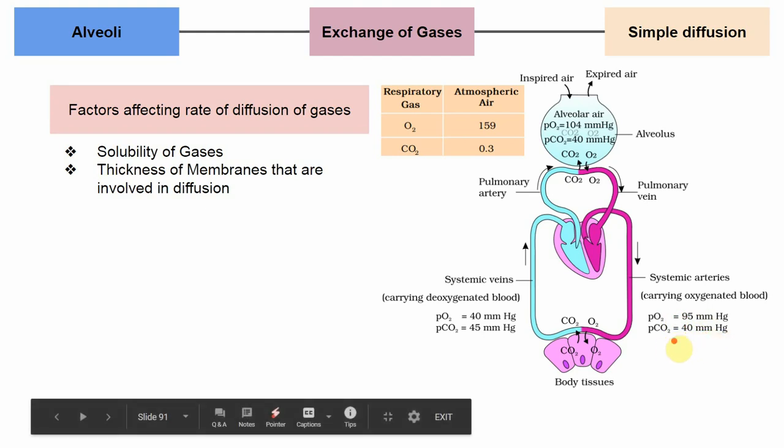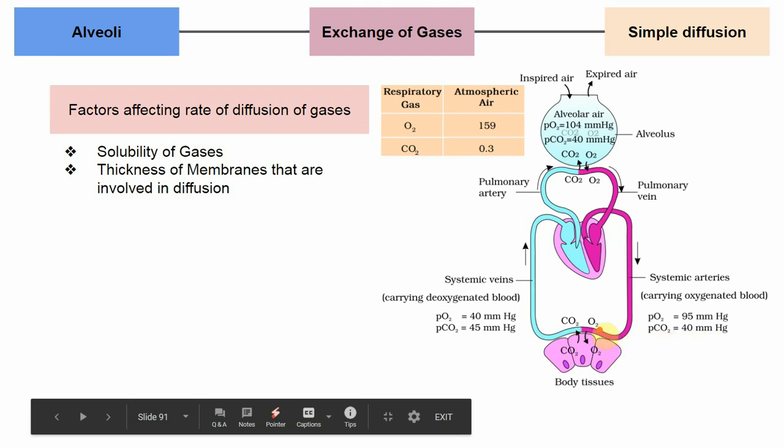You can also notice that the oxygen, which is high in the oxygenated blood, is delivered into the body tissues because the concentration of oxygen in the body tissues is very much less. However, because of metabolic activities, the carbon dioxide concentration in the tissues is more, and it is readily released into the blood because of the lesser partial pressure of carbon dioxide in the oxygenated blood.